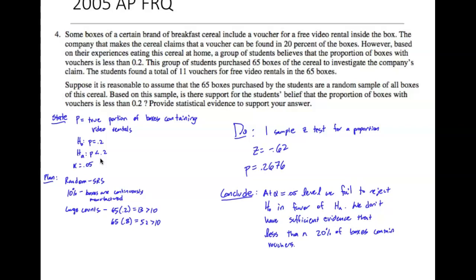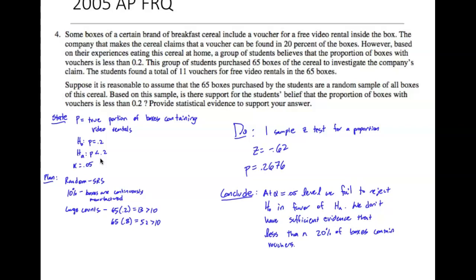Okay. Oh, the level? So that's just, alpha is our cutoff, basically, for where our p-value needs to be. If our p-value is above alpha, we fail to reject.